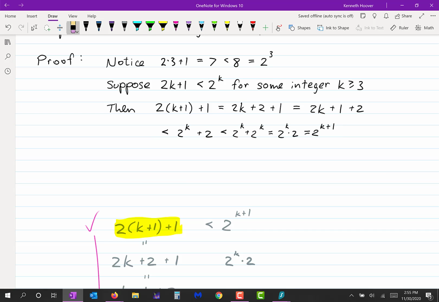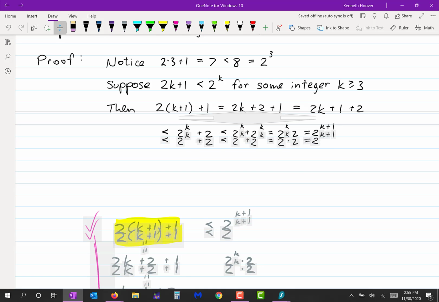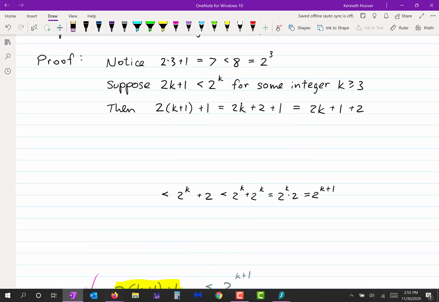Or if you think it looks nicer, you can go down. So that would look like this. So that would be right here. And then this would be right here.